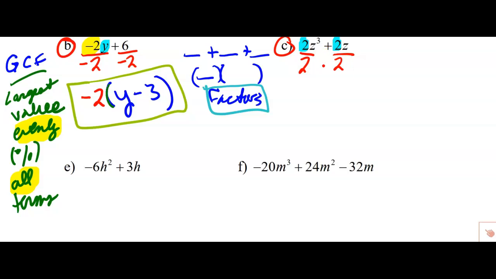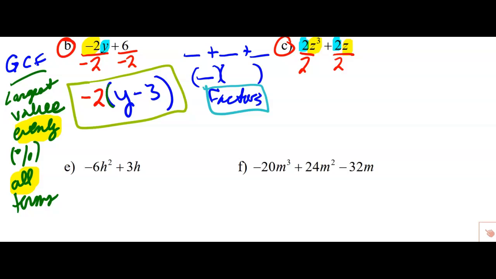And I see I have z cubed and z. When I have two variables, I should be able to divide at least one term all the way out. So I'm looking at the most common: z cubed has 3 z's, and z is by itself, so I know there's a z in every term.